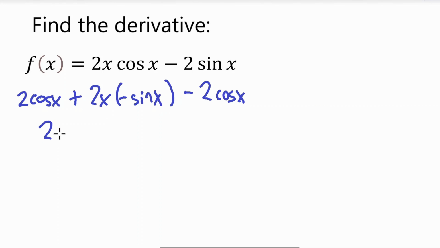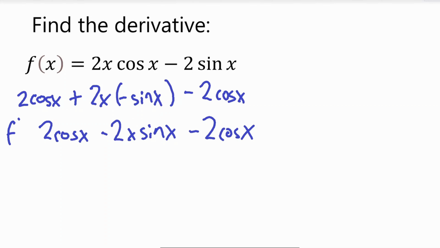So this 2 cosine x stays the same, and I'm not going to write plus, because we're multiplying with the negative sign here. So this becomes negative 2x sine x minus 2 cosine x. And I'm going to write f prime of x is equal to this, because it's the derivative.